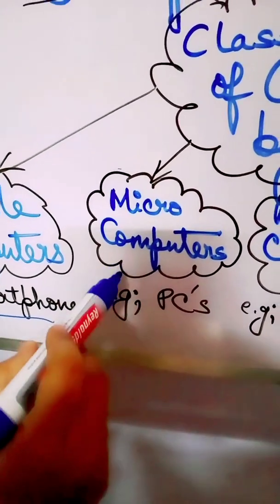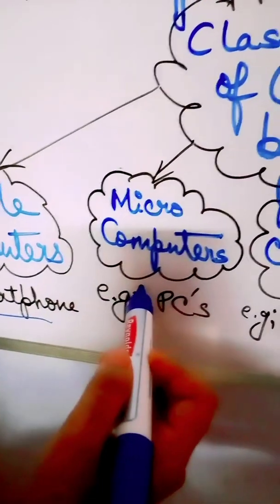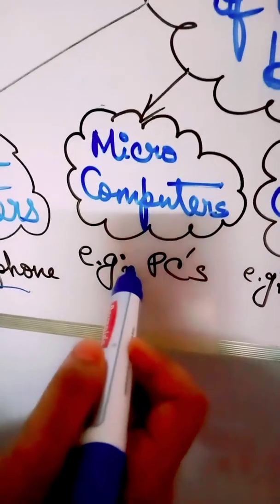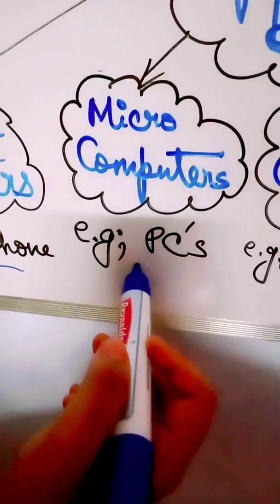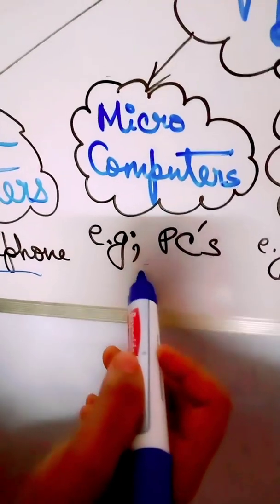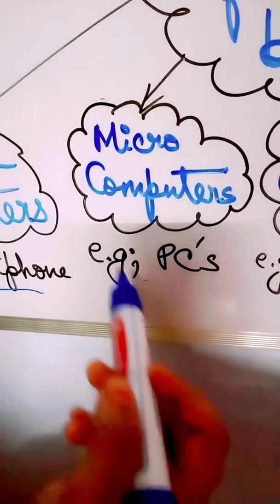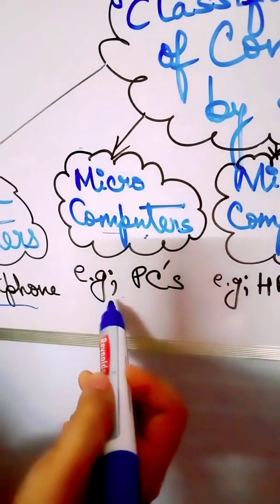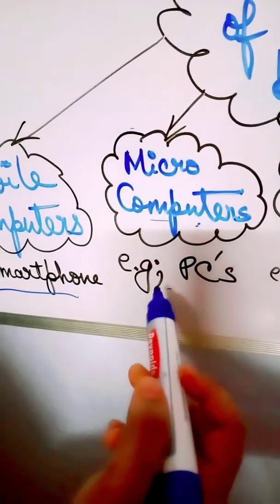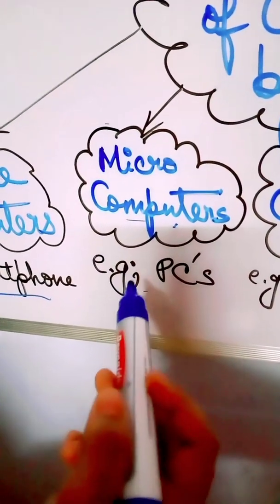A microcomputer is a small computer that is used by one person at a time. The desktop computers mostly seen in offices, schools, colleges and homes are all examples of microcomputers. Desktop computers are also called personal computers or PCs.